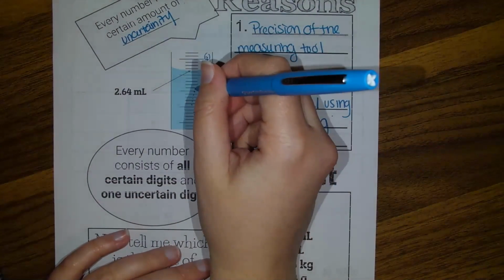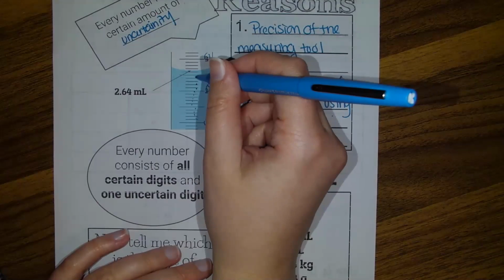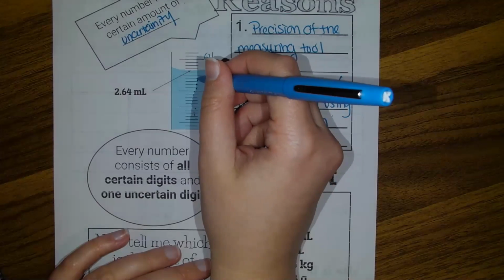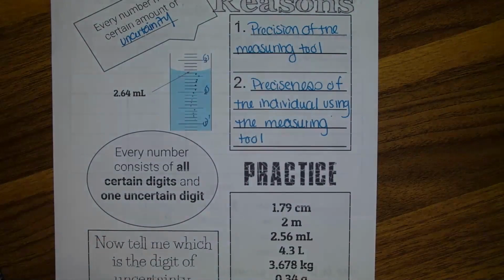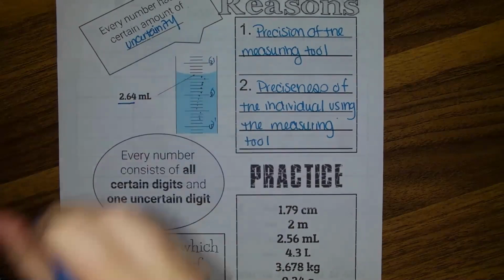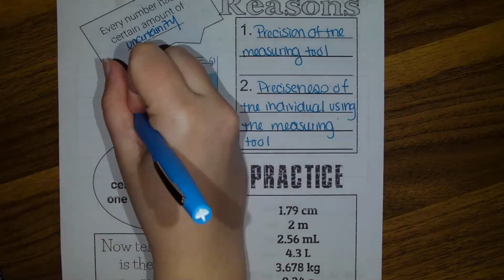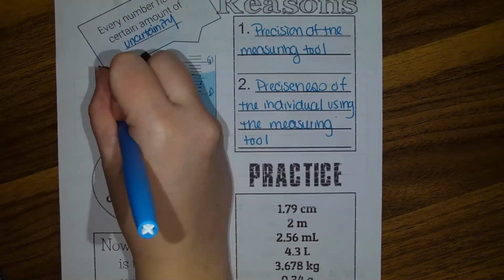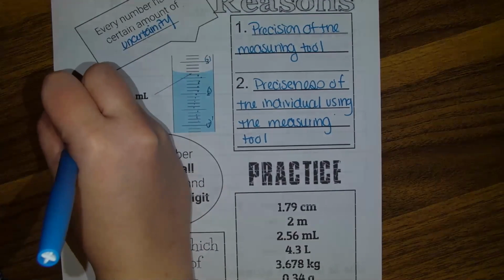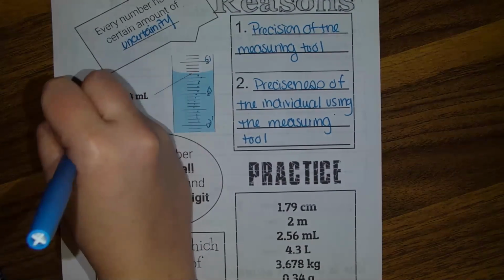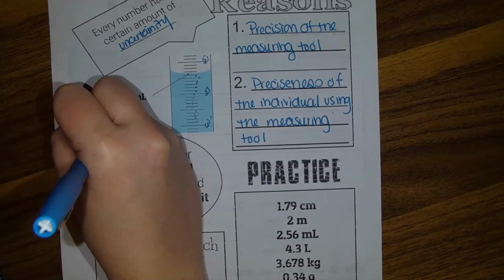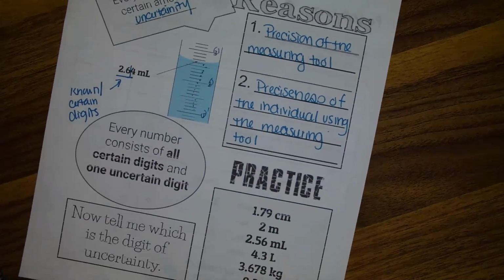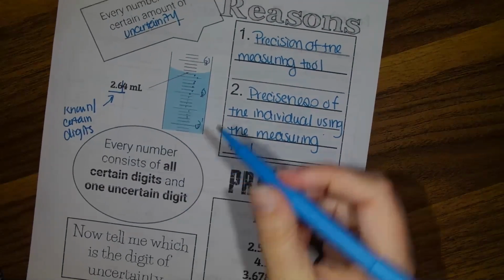So if we look at this, we have 2.1, 2.2, 2.3, 2.4, 2.5, 2.6. So my known digits are going to be my 2.6. Those are my certain digits.